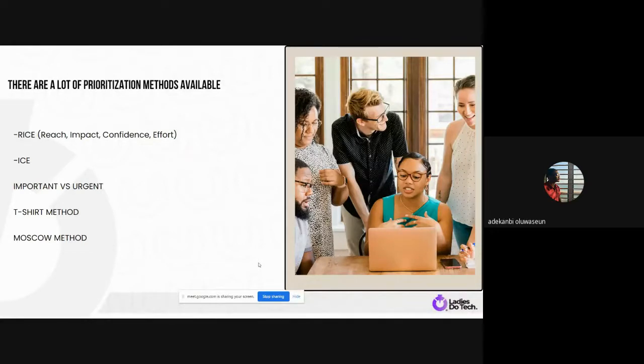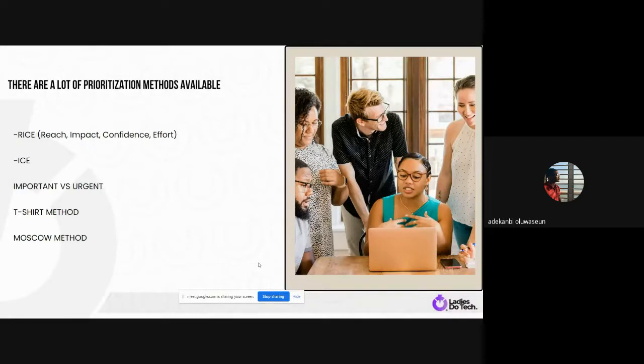It works like a table. You score the table, and based on the scores, you choose what to build first. The features with the highest score are the ones you build first. The second is ICE. ICE also means impact, confidence, and effort, just a shorter frame. So same thing as well.